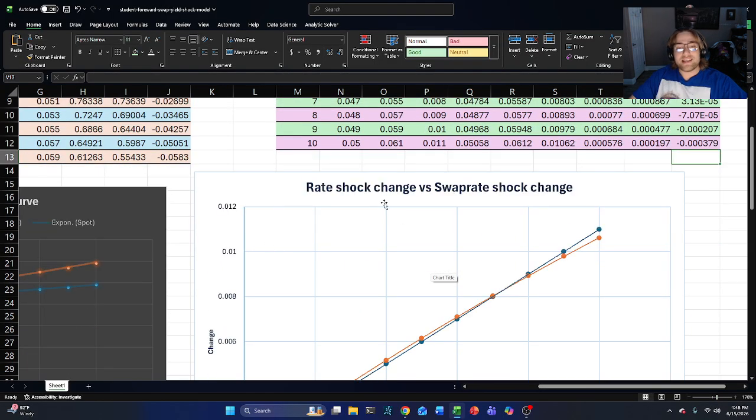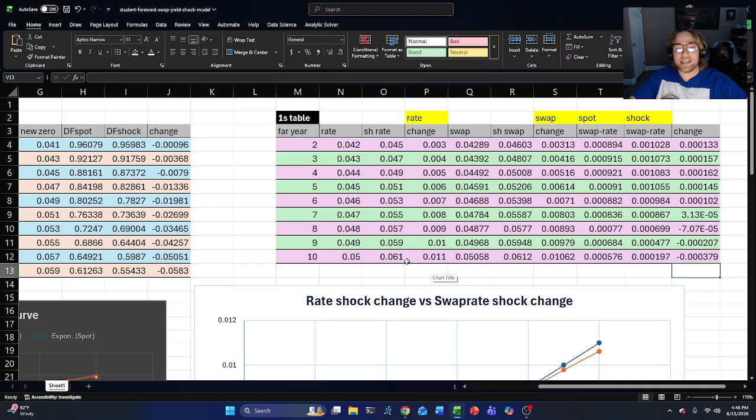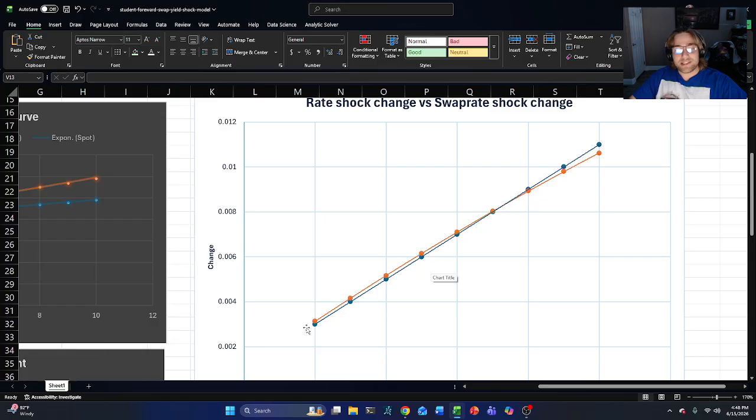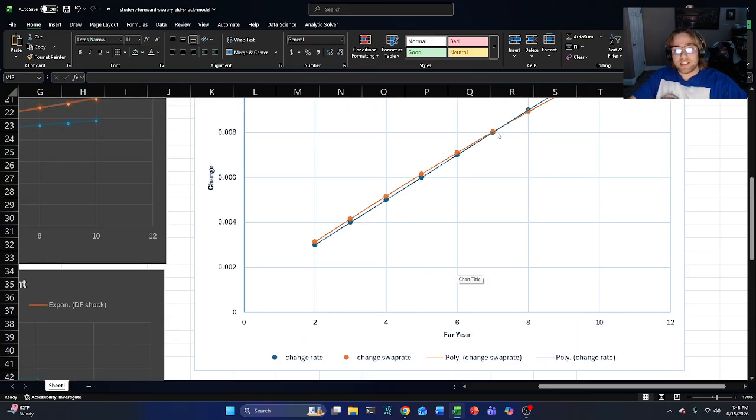So this is the shock change. So this is the changes here in the forward rate versus the change here of the swap rates. So as you can see, closer till about around year 7, that's when we hit the neutral, when they converge.